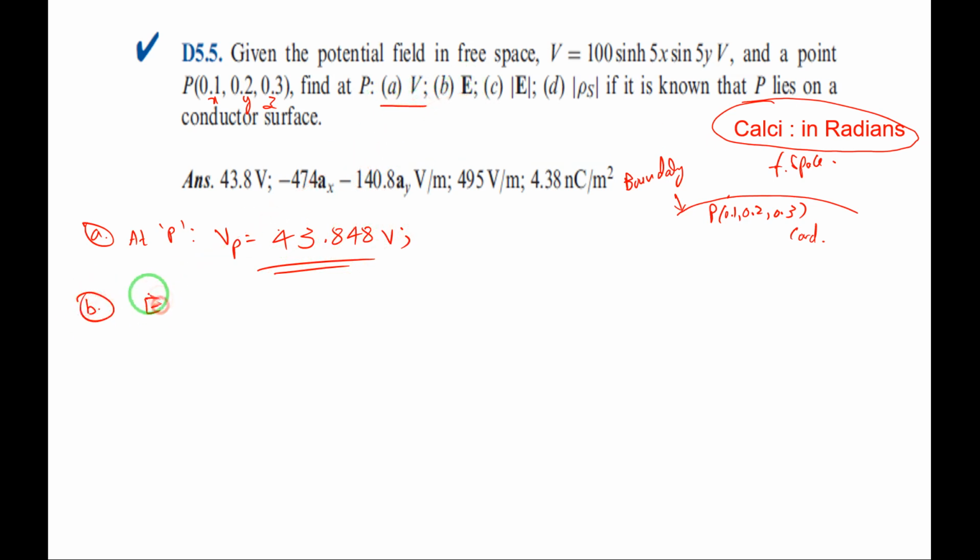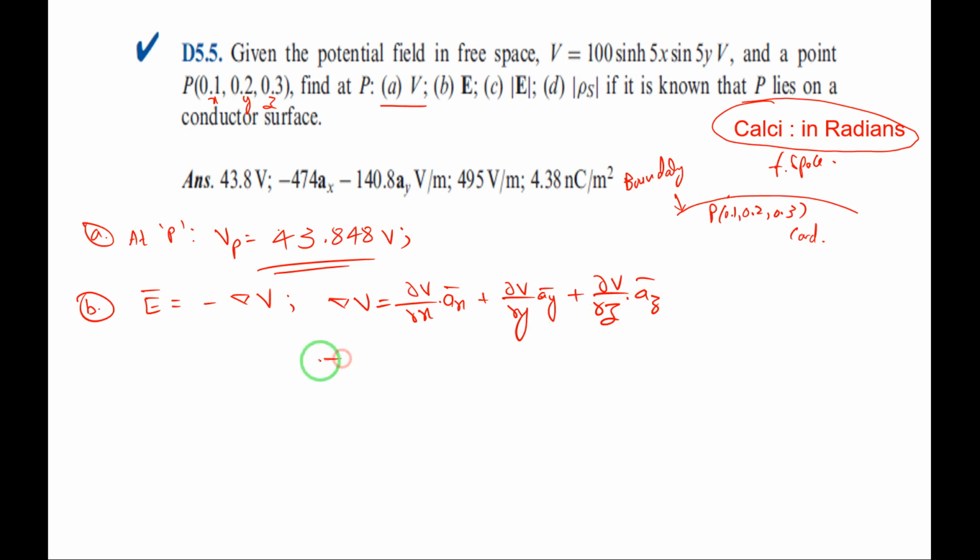Then part B. E equal to minus del V. First we'll find del V, then we'll take the minus sign. First, gradient of scalar point function. Del V, in which system should I write the formula? Cartesian system only, everything is in Cartesian. Gradient of a scalar point function is a vector: dou V by dou x into Ax plus dou V by dou y into Ay plus dou V by dou z into Az.